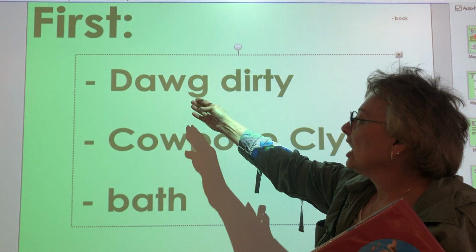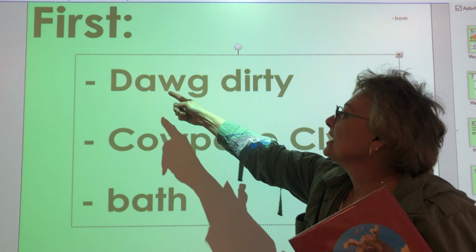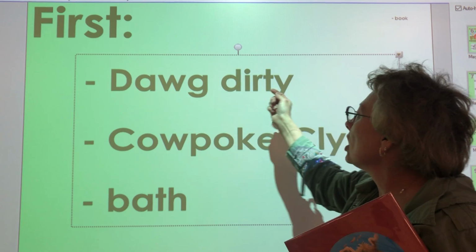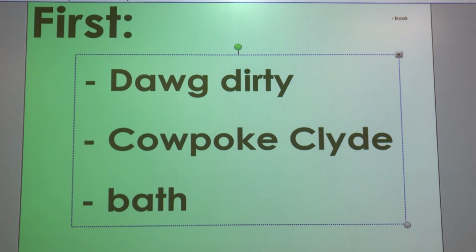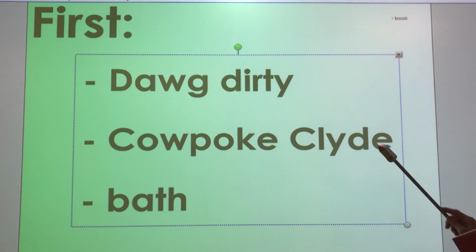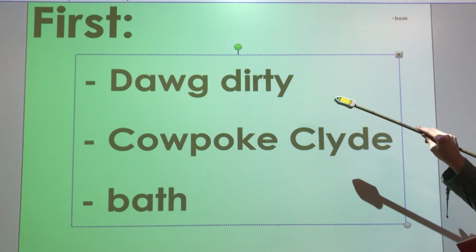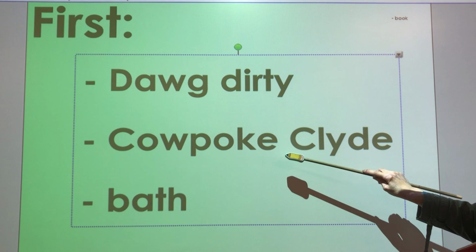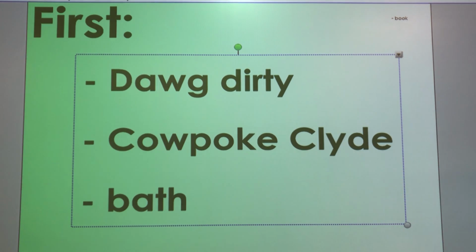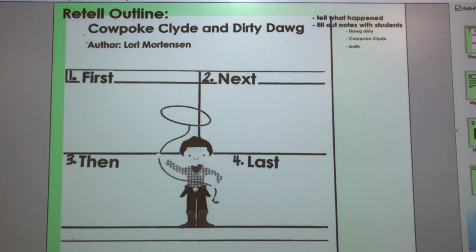Dog, that is how this dog's name is spelled. His name is Dog, but the AW says aw. So Dog was dirty, Cowpoke Clyde, and bath. We're only taking the key words to help us rewrite this in sentences with our own words. So hopefully you'll have Dog was dirty, Cowpoke Clyde, and bath in your first sentence.